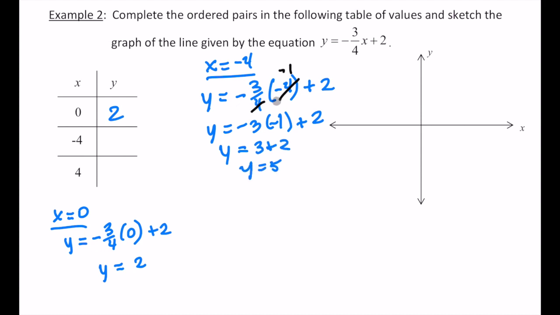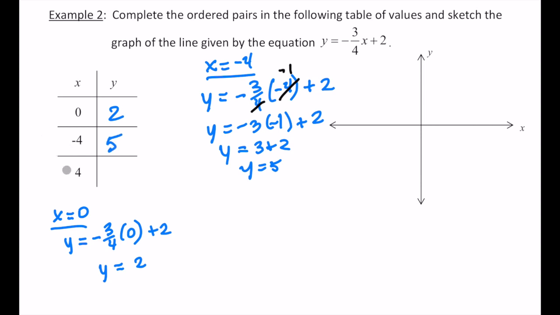Don't forget about the negative on this 4. So we have y is equal to -3 times -1 plus 2, which is +3 plus 2, or 5. So when x is equal to -4, y must be equal to 5.